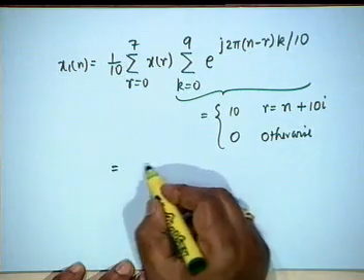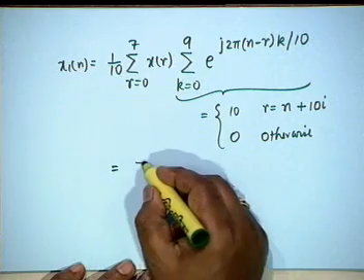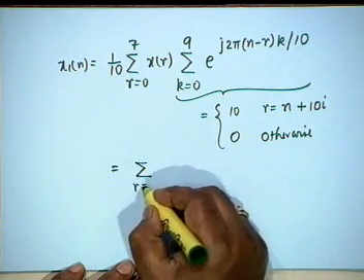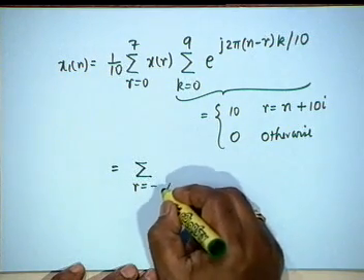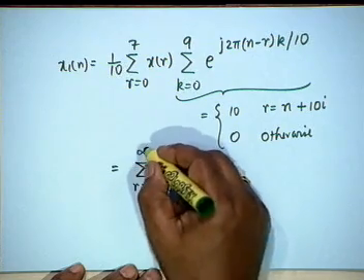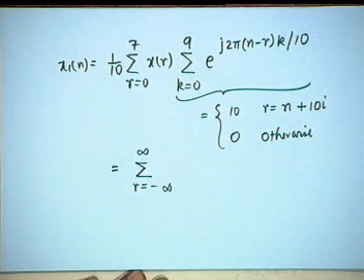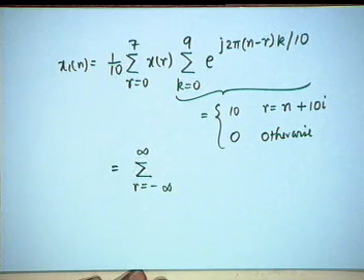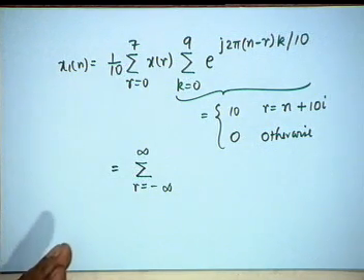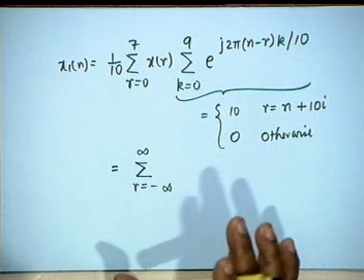And therefore, if 10 and 10 will cancel, you can write this as summation r equal to, in general, minus infinity to plus infinity. Why do I bring minus infinity to plus infinity? x1 of n is the result of an IDFT, and therefore, it will repeat, but it suffices to calculate how many points?